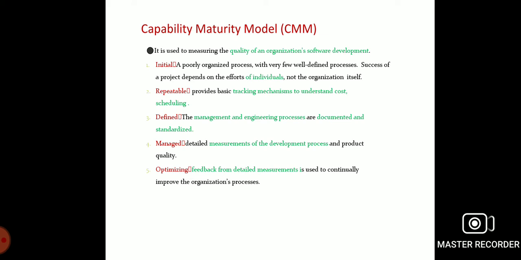Fourth one, managed. It is a detailed measurement of the development process and product quality. Fifth one, optimizing. Feedback from detailed measurement is used to continuously improve the organization's quality process.